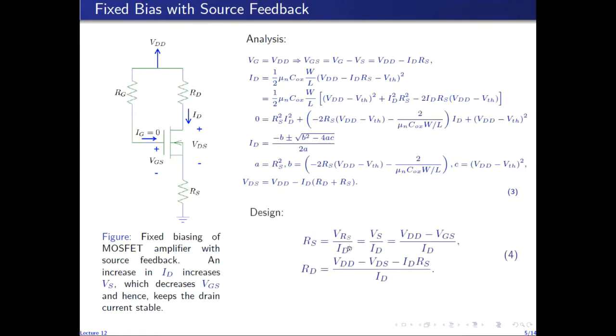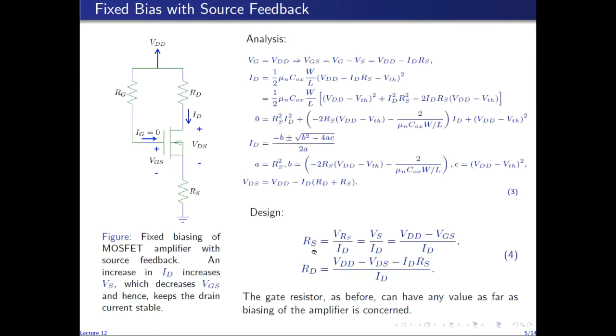And given the bias point, ID and VDS, we can design the circuit by finding the values of RS and RD through these expressions. As before, RG has no drop across itself, so RG is independent of the bias point and hence can assume any arbitrary value as far as the biasing of the circuit is concerned.